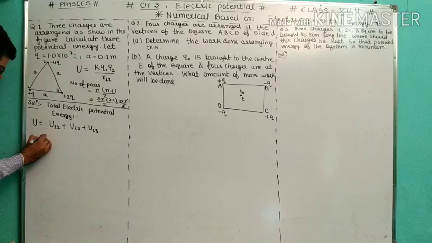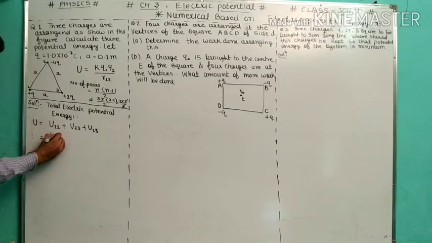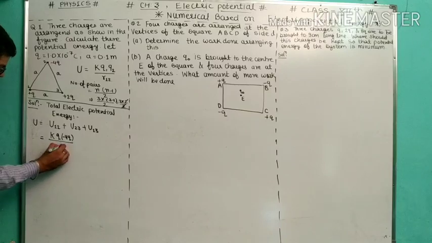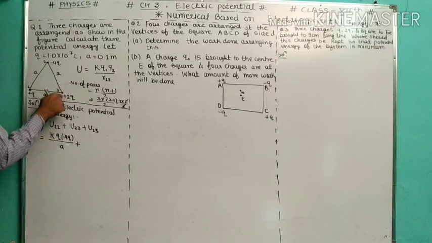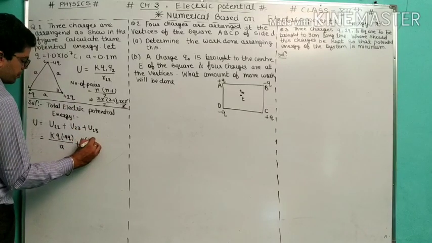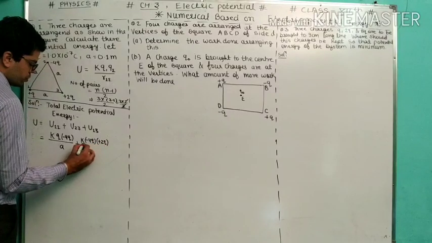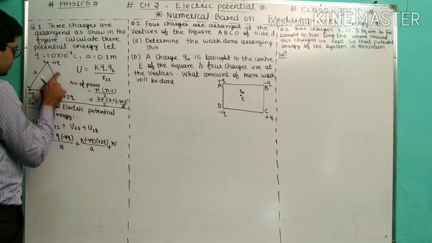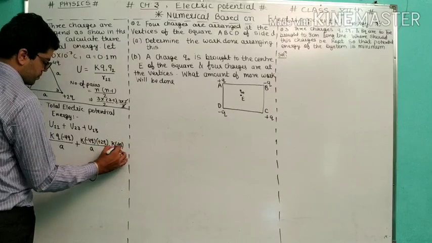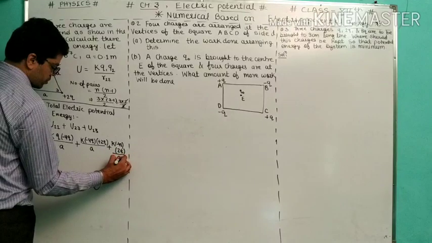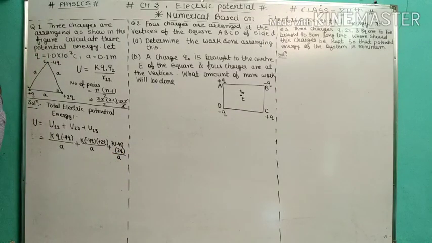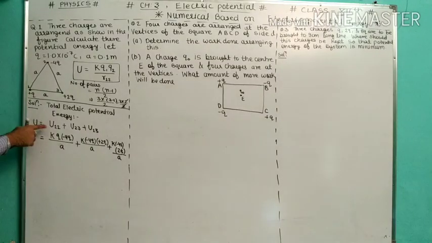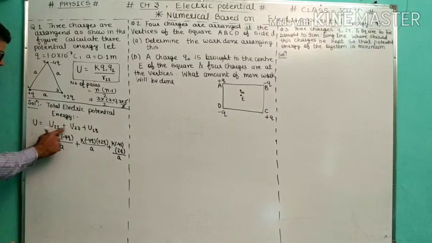So we have to find the total electric potential energy. It is K times the first charge Q and the second charge minus 4Q divided by a, plus the second and third charges, K times minus 4Q and plus 2Q divided by a, plus K times Q and 2Q divided by a. Here we applied the simple formula of electric potential energy to find the total electric potential energy due to a system of charges.